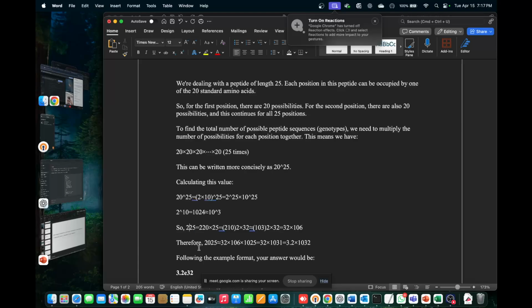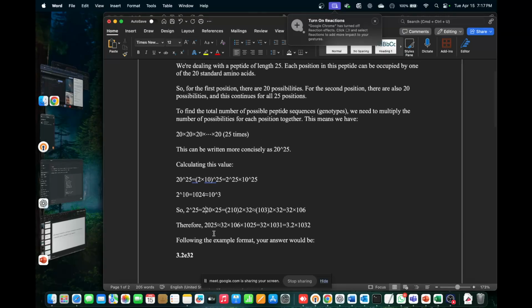Now 2 to the power 25. This is 2 to the power 25 equal to 2 to the power 20 into 2 to the power 5.